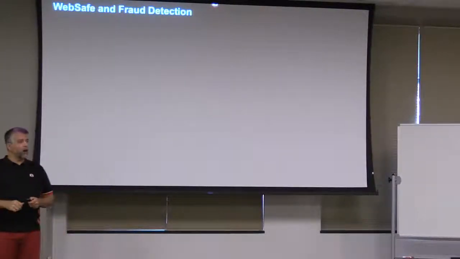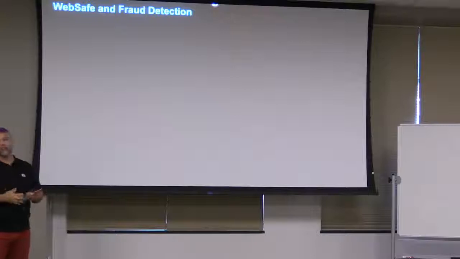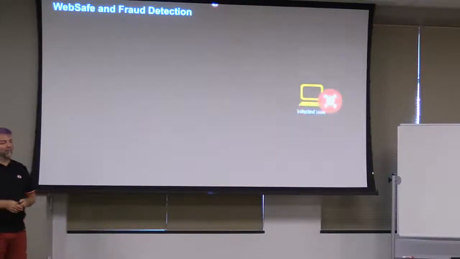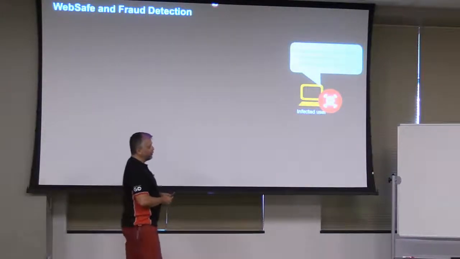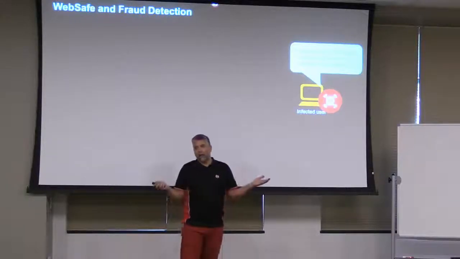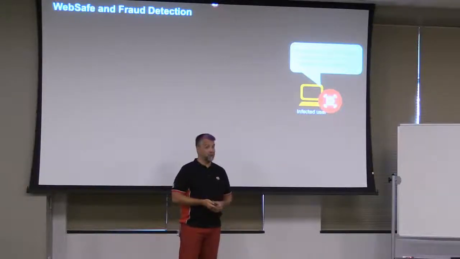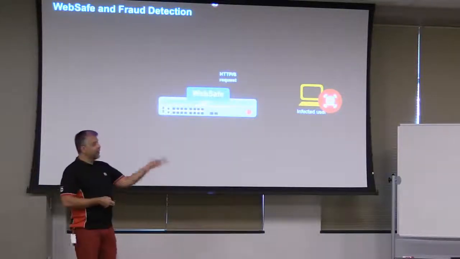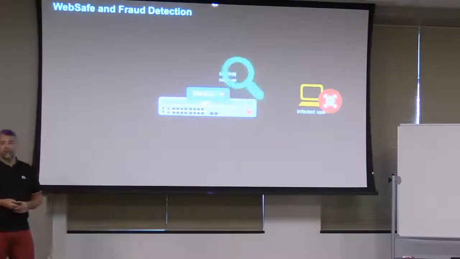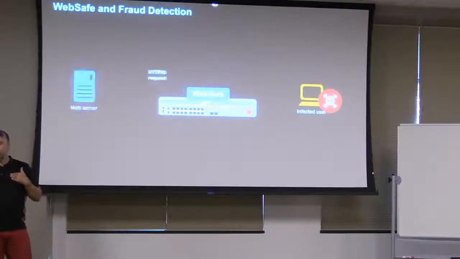All right, so we're going to talk about some of the specifics about how WebSafe works when it comes to our web applications. And we're going to start with this poor, sad user out there who's been infected with malware. How they got infected, we'll discuss that in a few more minutes. But we'll just assume that they're infected with malware. And now they're going to make a request to our banking website.